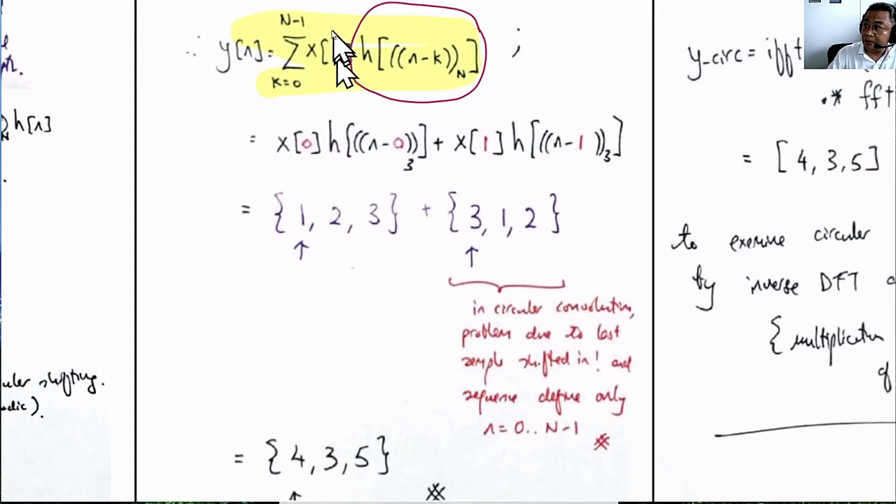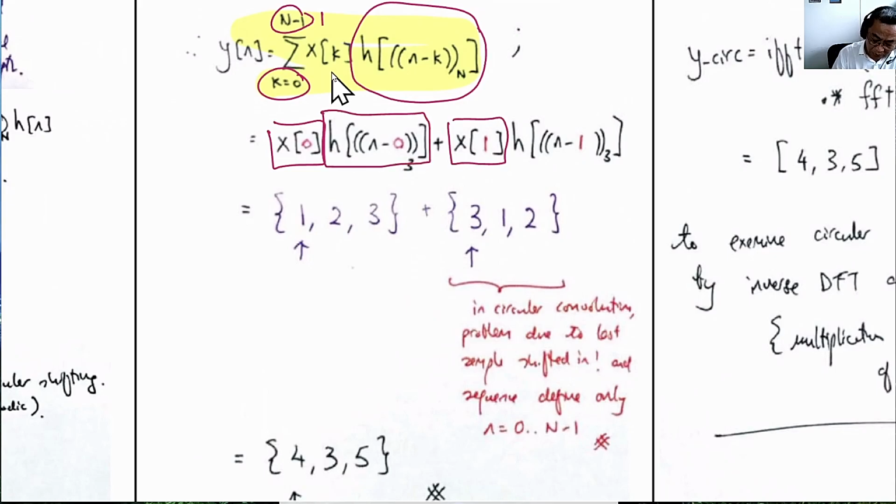Let's expand this circular convolution equation. Again, we only have x[k] for k equals 0 and k equals 1. So we have x[0] and x[1]. There's no change. And our h now, of course, we have to write with n modulo 3 index. h of n modulo 3 minus 0.